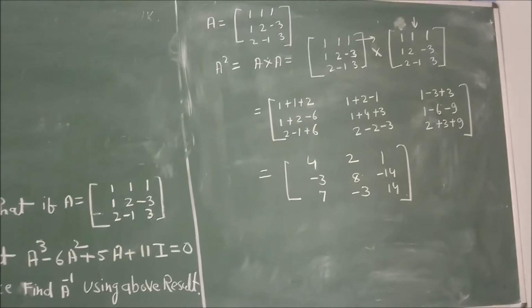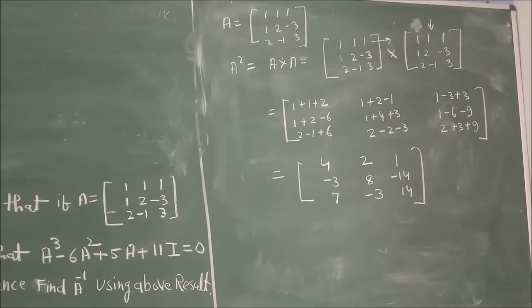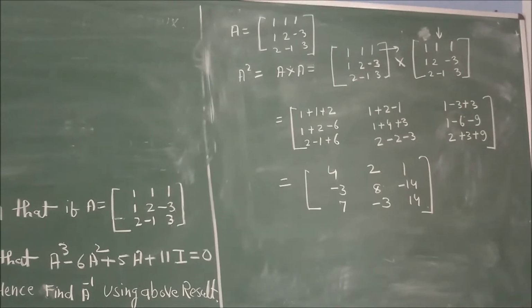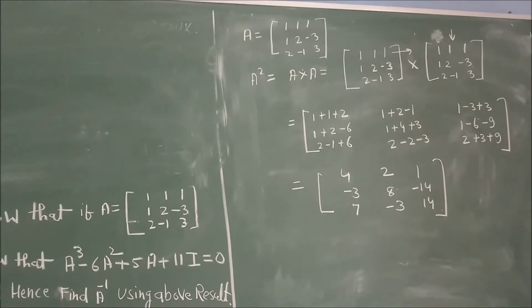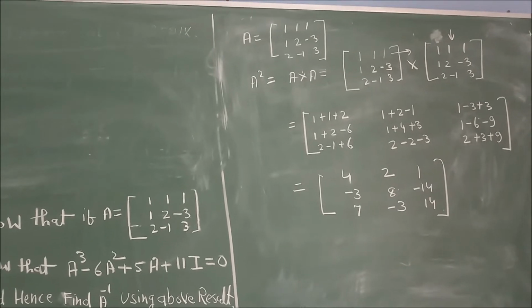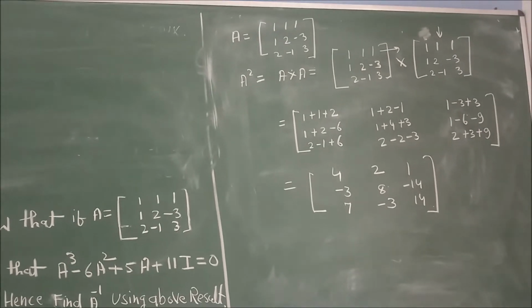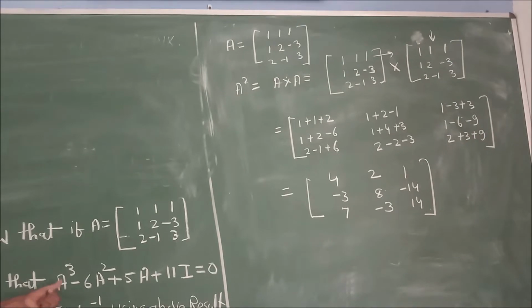Here there will be minus 14 and below it plus 14. So check whether the answer is correct or not. 4 2 1, minus 3 8 minus 14, and 7 minus 3 14. So this is correct. And after that we calculate A cube.